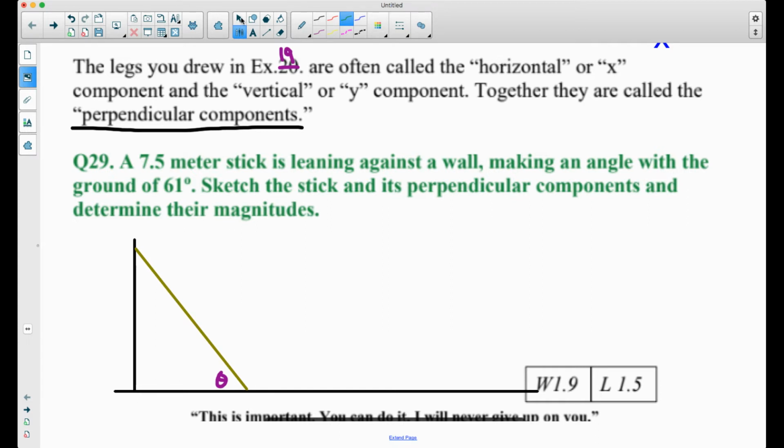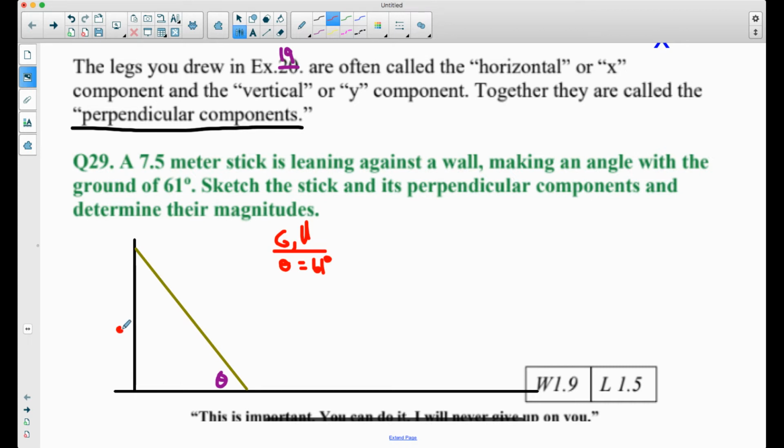So, just speaking quickly, you can come over here, and if you wanted to put in your givens with units, it's a good habit to get in now because you're going to need this all year. We know the angle is 61 degrees. We know the leg here, that's the stick.